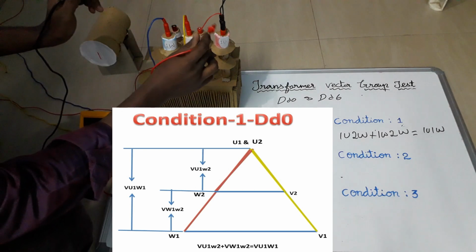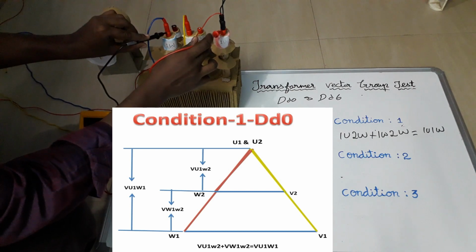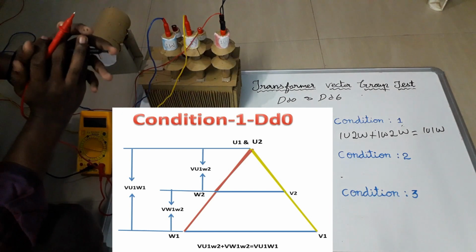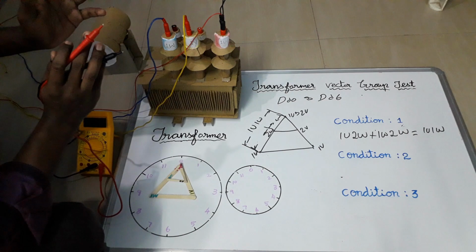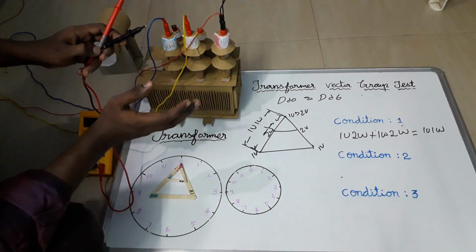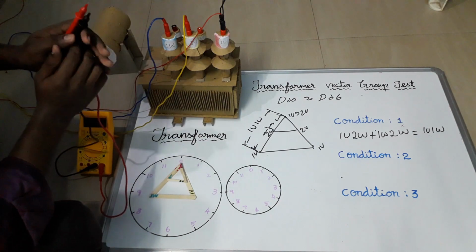Finally, we have to check R phase of your HV and B phase of your HV. This face to face voltage we have to note, and we have to cross verify that this value is equal to when you add this previous measured value.